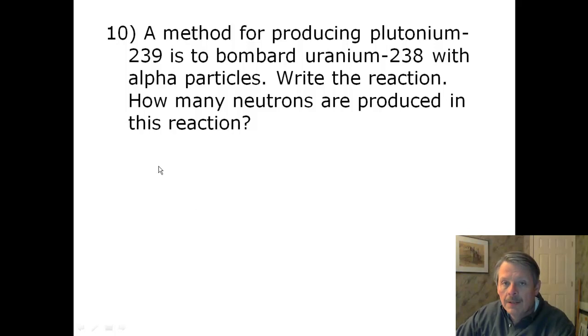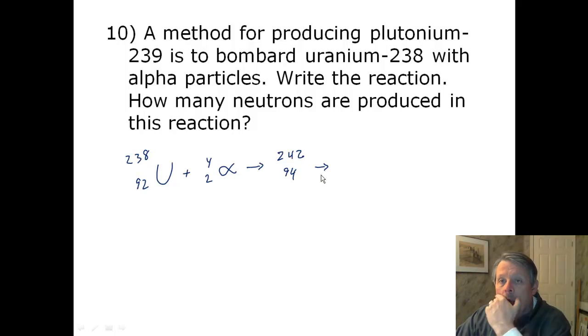All right, this says I'm producing plutonium. I'm bombarding uranium 238. That's number 92, and I'm bombarding it with an alpha particle, which is 4 and 2, which means I have to have 242 on top and 94 on the bottom. I am producing plutonium. Plutonium is number 94.